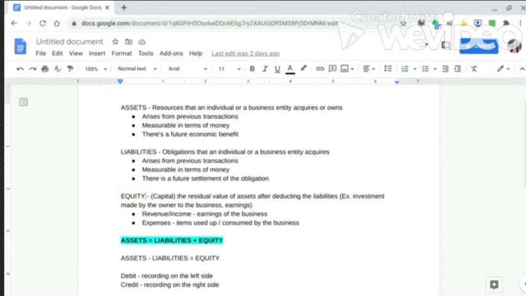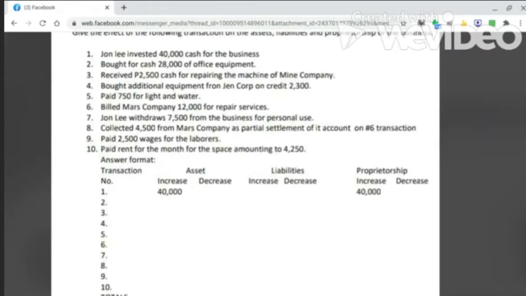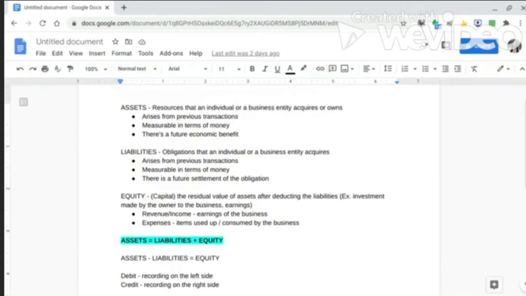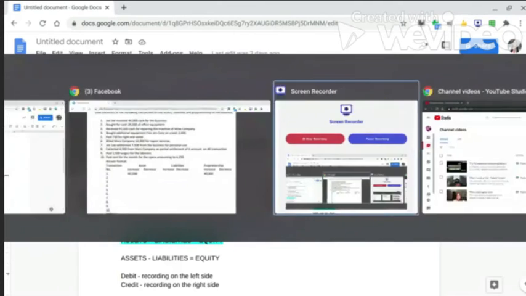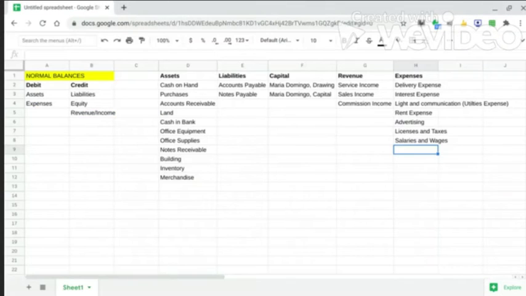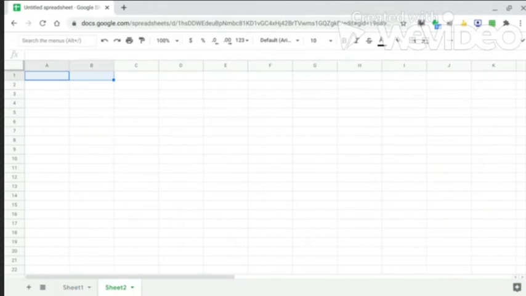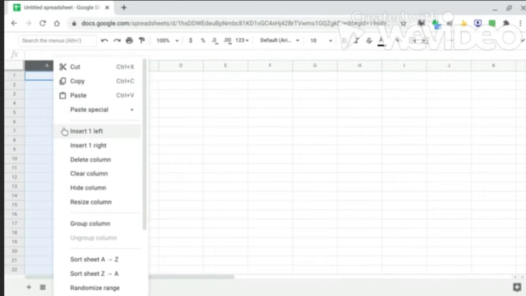So, gawa natin siya ng table dun sa sheets natin. Mag-add tayo ng sheet dito. So, gawa natin ng table para hindi tayo malito. Ayan. So, insert tayo dito. So, number 1, ayan yon. And then, we have, usog natin sa baba.